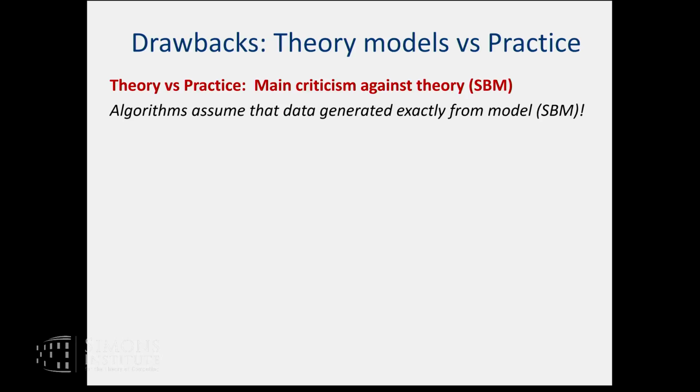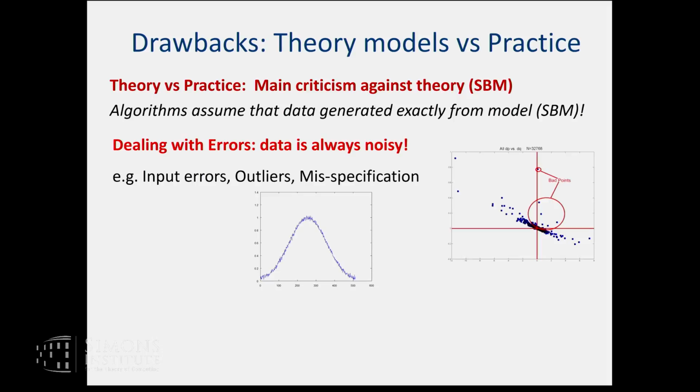Okay, so there's a lot of this nice work on various stochastic block models. There's of course a fair criticism from the applied community, and the criticism is that you never expect data to be generated exactly according to a given model. Okay, there's always noise, and there may be different kinds of noise. For instance, there may be outliers or corruptions in these edges, or the given model is not really a good fit.